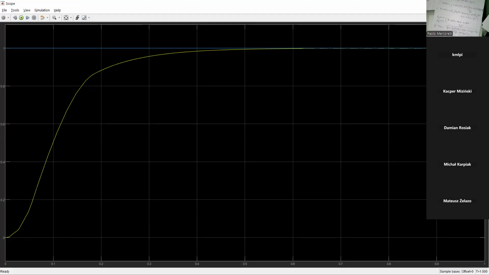But I used 100. I don't understand why with 10 it did not work. Let me see the calculation, one second. Or let me see here before.